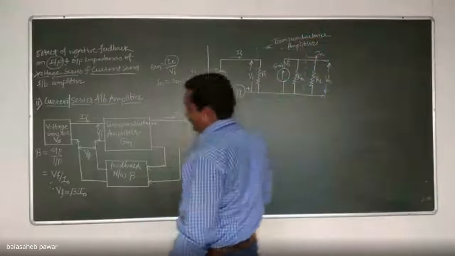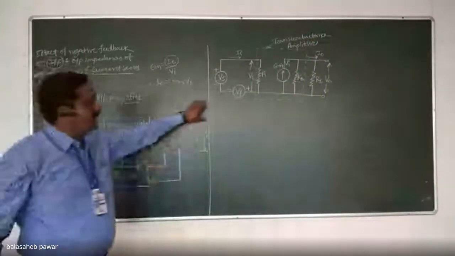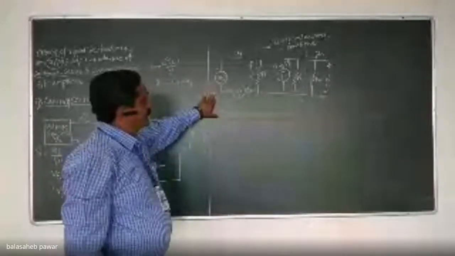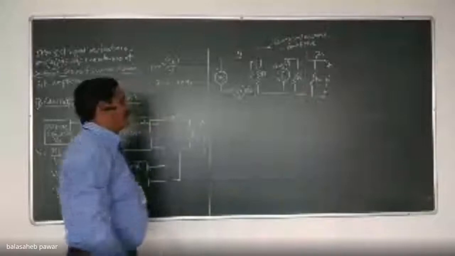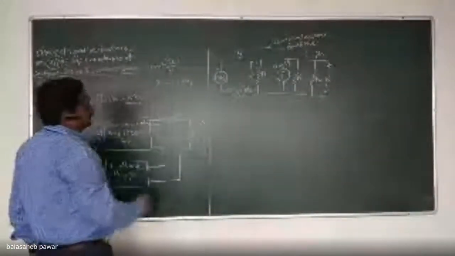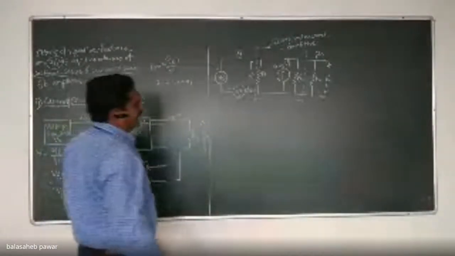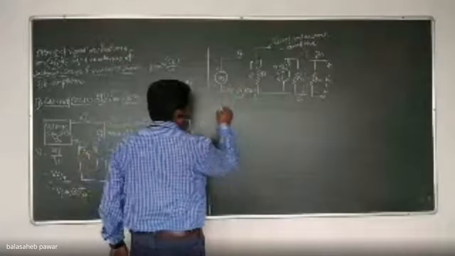Right? Any doubt? Is it visible properly? Yes, sir. Okay. Now we'll start the analysis. So the first part, effect of negative feedback on input impedance for the shown amplifier.